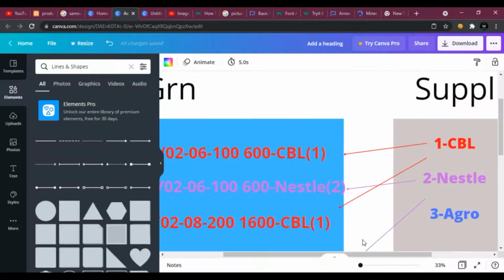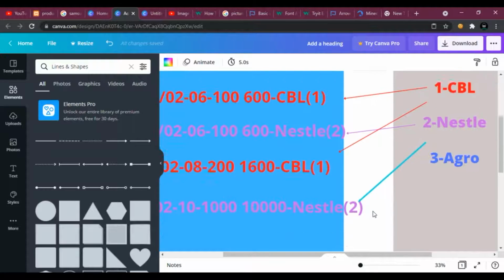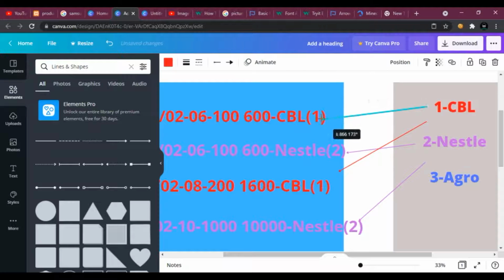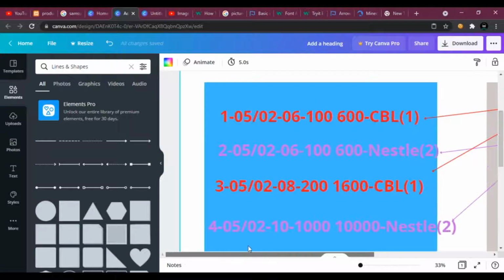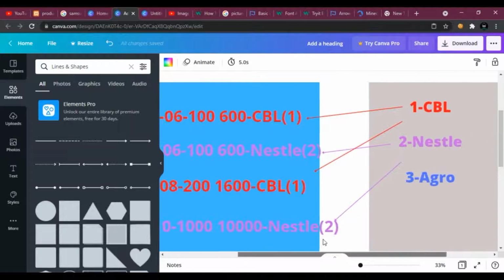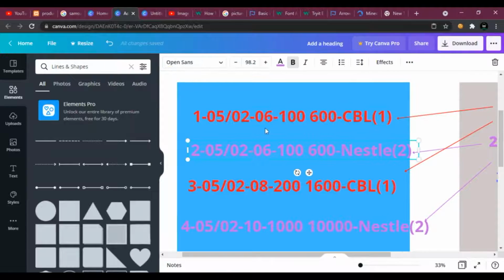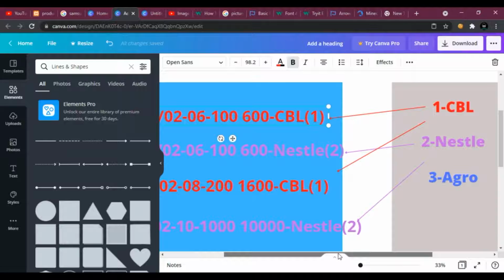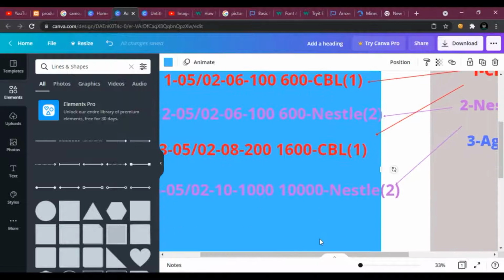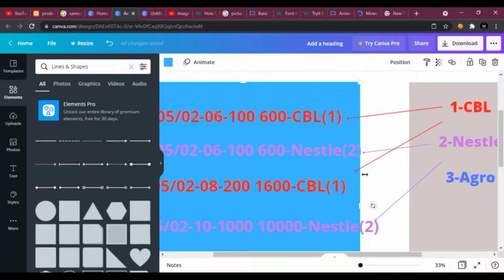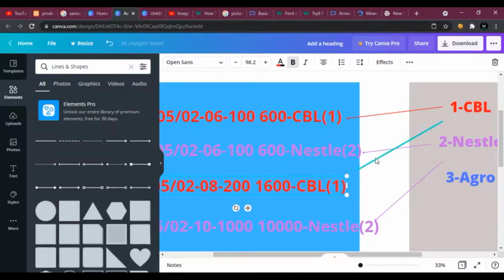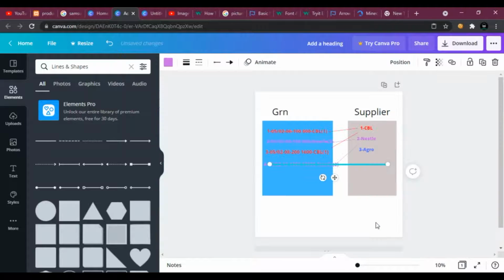They are tiny arrows, but you can figure it out because I have zoomed in a little bit. Even if we bought the same product from different suppliers, it would be considered a unique record, because each record is unique. So this one won't go like this.